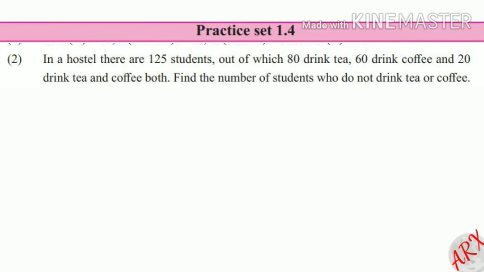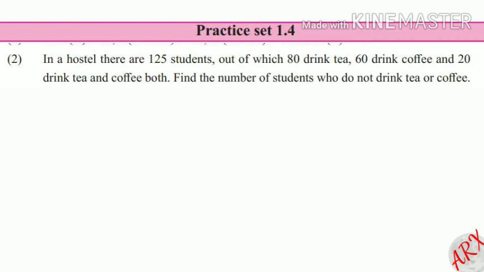Question number 2. In a hostel, there are 125 students, out of which 80 drink tea, 60 drink coffee, and 20 drink both tea and coffee. Find the number of students who do not drink tea or coffee. Now, let U be the universal set of all the students in the hostel.